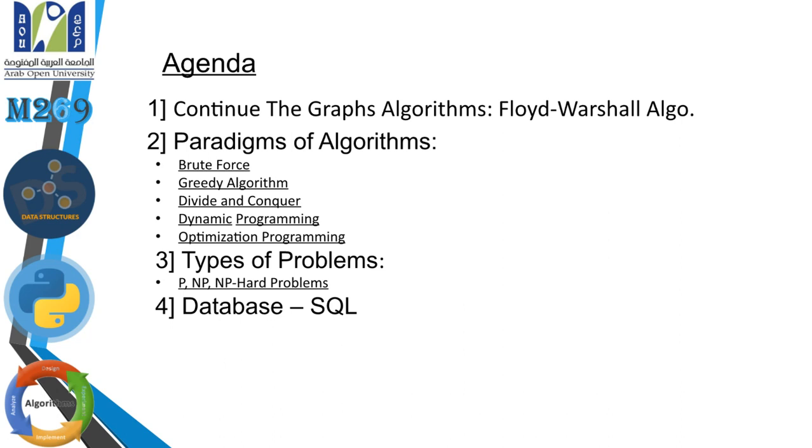a given graph. And then we will talk about different paradigms in algorithms and strategies that include brute force and greedy algorithm, divide and conquer, dynamic programming, and optimization programming. We're going to give a brief description of each one of these paradigms. And then we will classify problems based on their types. We have different types of problems based on their hardness.